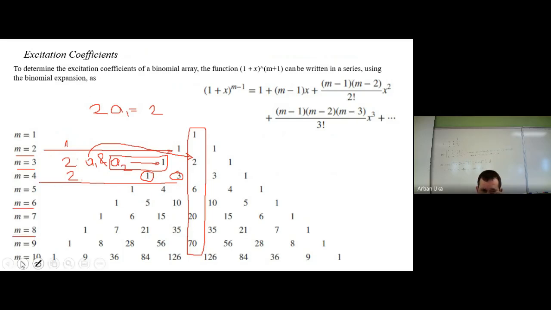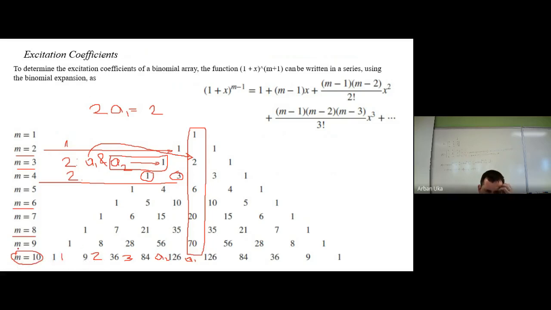Whenever the number is even, it is relatively easy. This will be A1, this will be A2, this will be A3, this is A4, and this is A5.